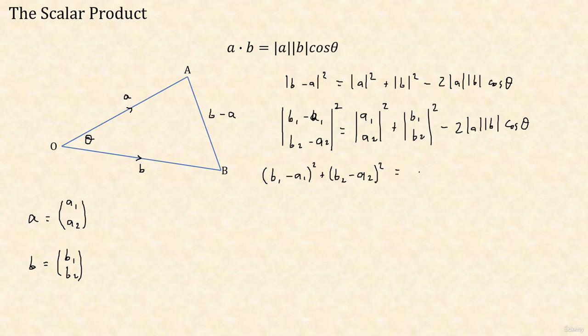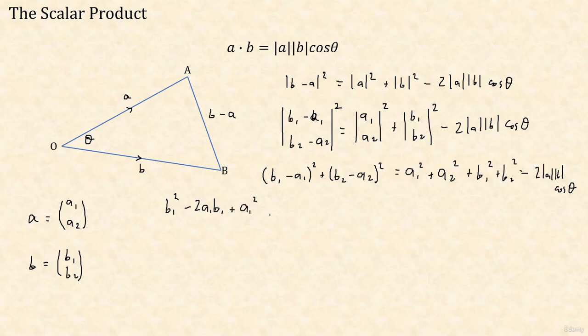The right-hand side, well, the modulus of this vector squared is simply a1 squared plus a2 squared. And similarly for the b's, it's b1 squared plus b2 squared. And we're still subtracting 2 mod a, mod b, cos theta just tucked in here. So let's expand this. If I expand this bracket, I get b1 squared minus 2a1b1 plus a1 squared.